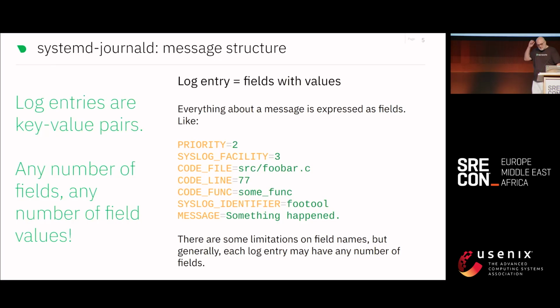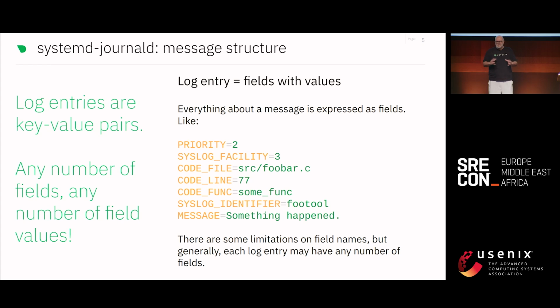Now let's see a little bit how systemd journal works. As I said, systemd journal is just a collection. Every message in systemd journal is a collection of key value pairs. That's it. Priority equals this, syslog facility equals that, code file, code line. Now the keys are not fixed. Systemd journal suggests 20, 30 fields, but you can put as many as you want, your own, do whatever you want.